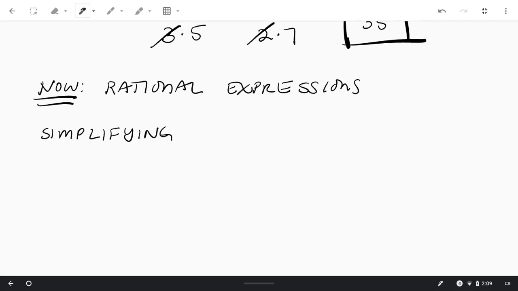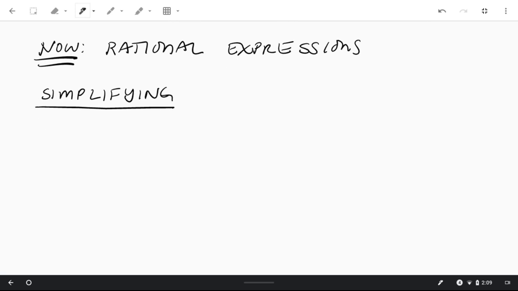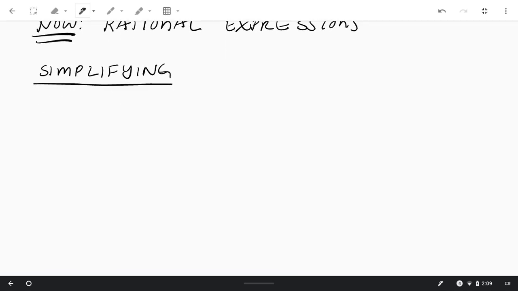Okay, so a lot of factoring will be going on here. So if you feel like you're a little bit weak with factoring, then you might want to go online and find some factoring problems to do, or email me or message me asking me to provide you with some more resources on factoring.